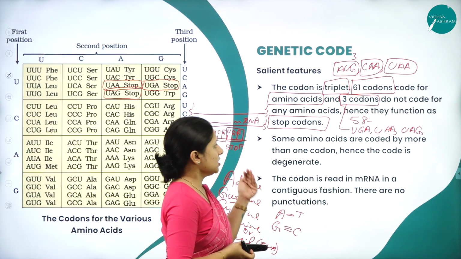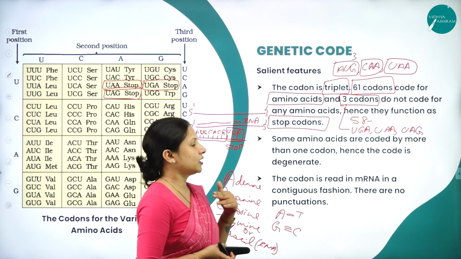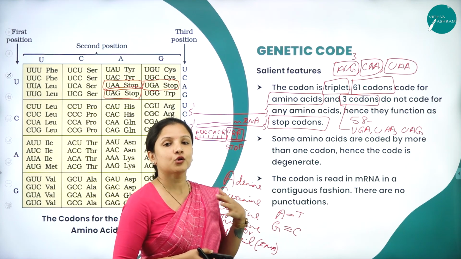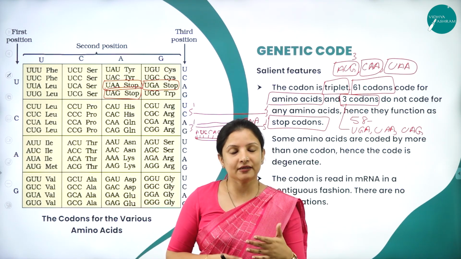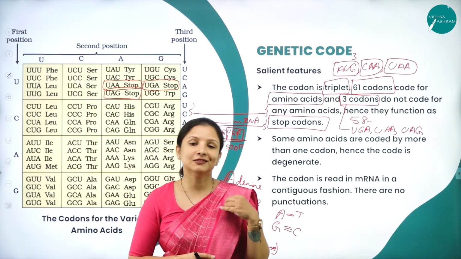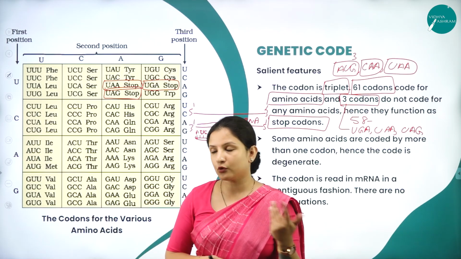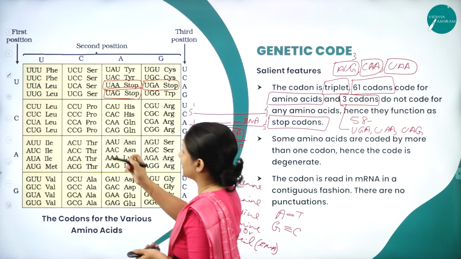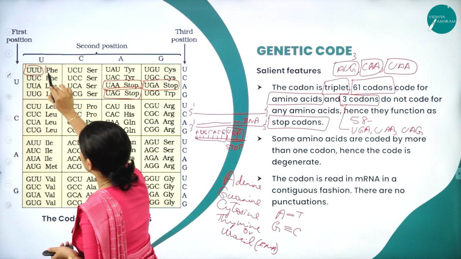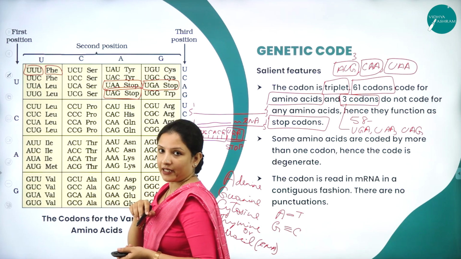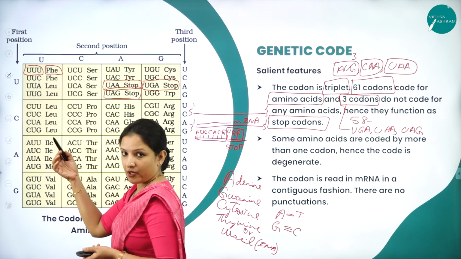So, moving further, some amino acids are coded by more than one codon. 21 types of amino acids need to be produced, and some of them are coded by more than one codon. Say for example, to make you understand, here is a codon, UUU, which codes for phenylalanine, PHE, which is an amino acid.